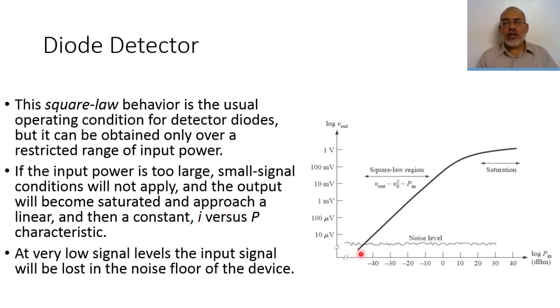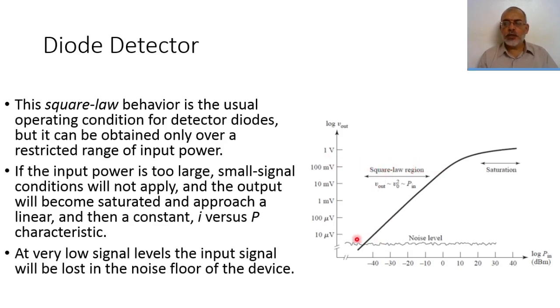On the other hand, at very low signal the output voltage will be below the noise level. As we mentioned in the previous chapter, we have a certain dynamic range for the diode as a detector.